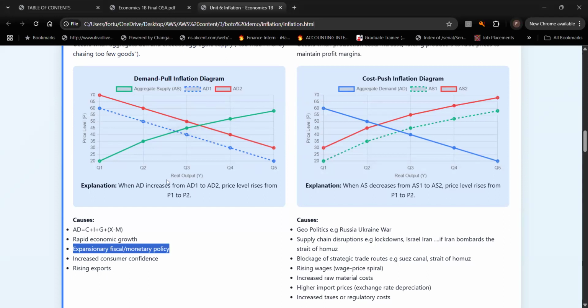Then with the monetary policy, you're looking at your interest rates. Interest rates are a key fundamental indicator when it comes to spending within an economy. Whenever interest rates are increased, it affects consumption spending by households, because households are going to find it difficult to have access to credit, and the credit creation process no longer takes place within an economy, and aggregate demand would then be affected if interest rates are high.